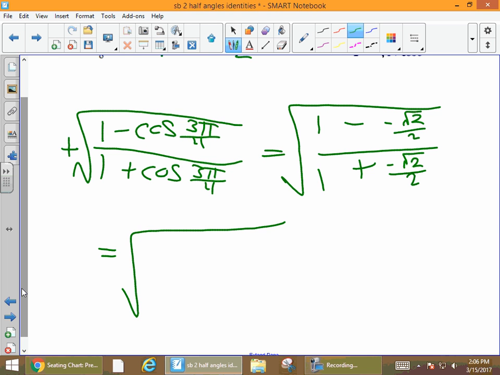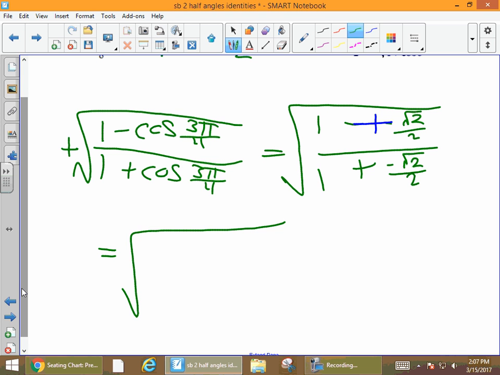So what is our numerator going to simplify to? First of all, we are subtracting a negative, so what's that going to be? It's going to be adding the positive. So we have two negatives, we can turn it into a positive. What's our common denominator for 1 and radical 2 over 2? 2.